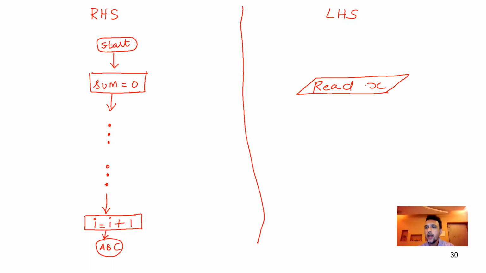But this read x is actually connected to this I is equal to I plus 1. So now I will put one path over here, which will be connected to a connector, and over here I will write ABC. If I write ABC over here, it means that this I equal to I plus 1 is connected to this read x.